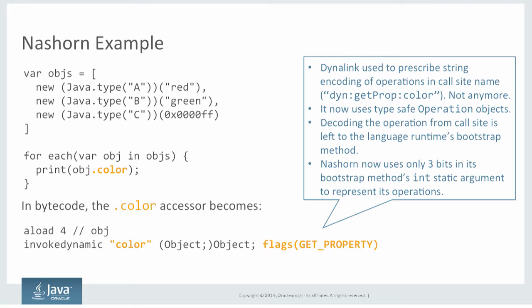So it makes little sense to forcibly prescribe how it should encode something that it only reads back. And for another, code dealing with operations internally can now work with operation objects instead of parsing all those strings.